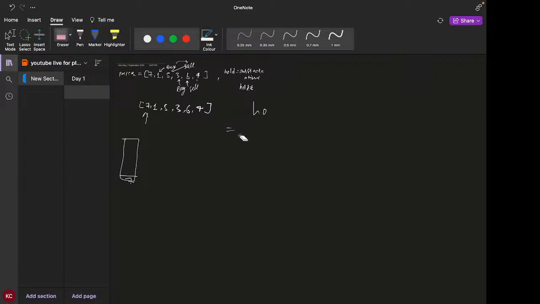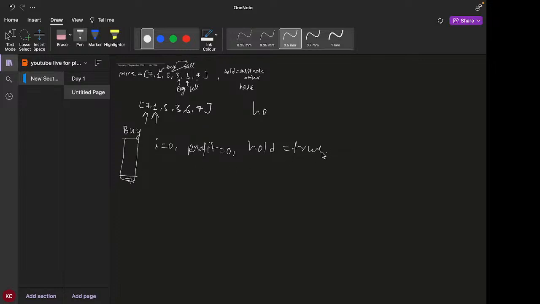No. So first when i equals 0, the stack is empty, so profit is equal to 0 and hold is equal to true, so I can't buy any other. This is buy.